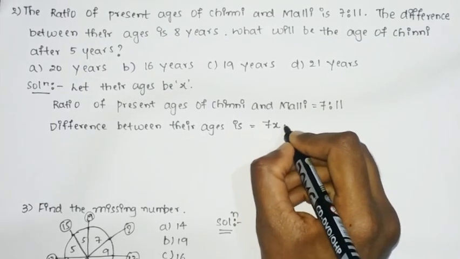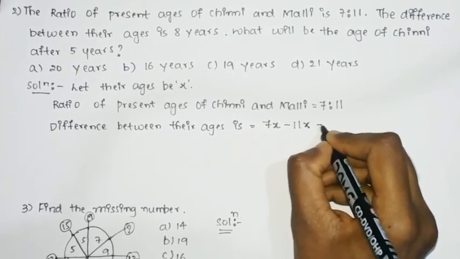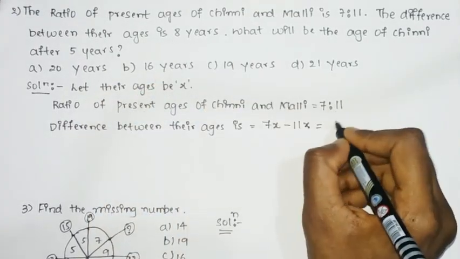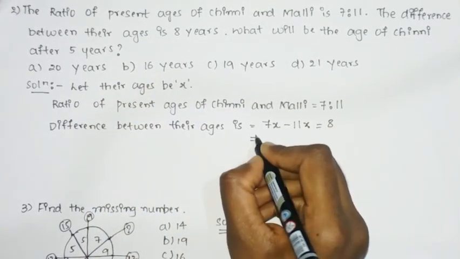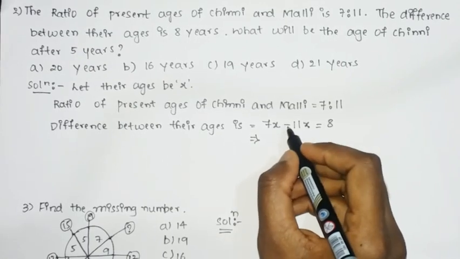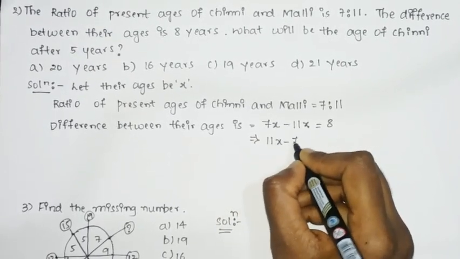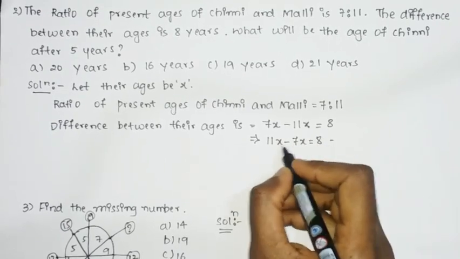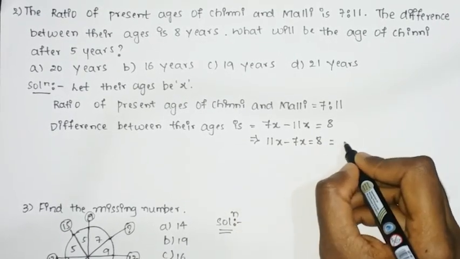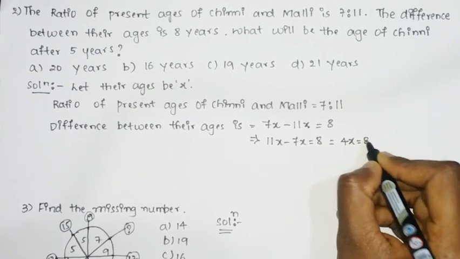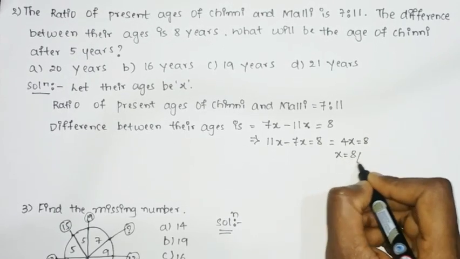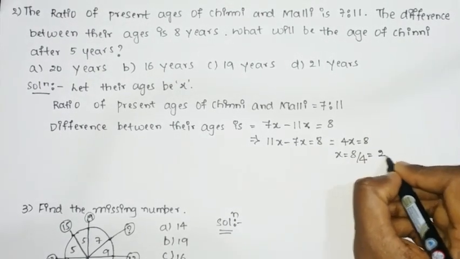So 7x minus 11x equal to, so difference between their ages is 8. So 7x minus 11x, you will get a negative value. So therefore we shall also write it as 11x minus 7x equal to 8, and 11x minus 7x is nothing but 4 into x equal to 8, and x equal to 8 divided by 4. So therefore x equal to 2.